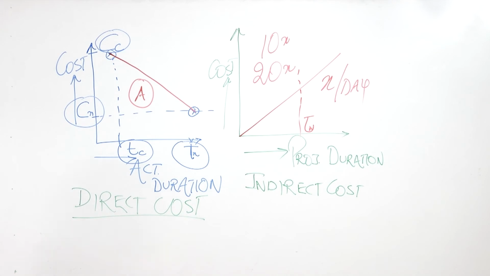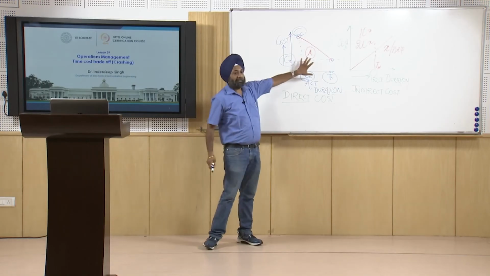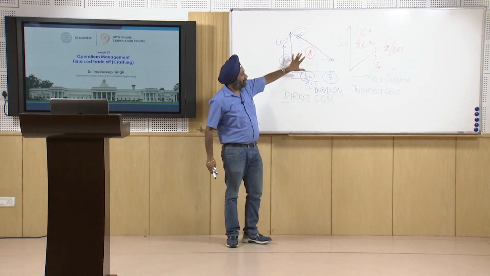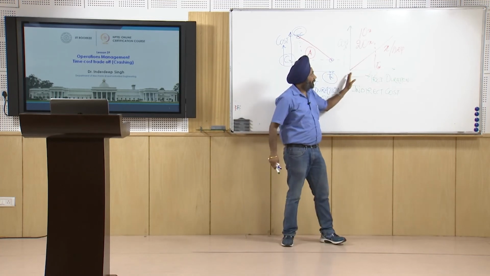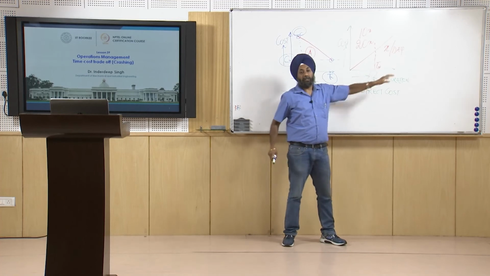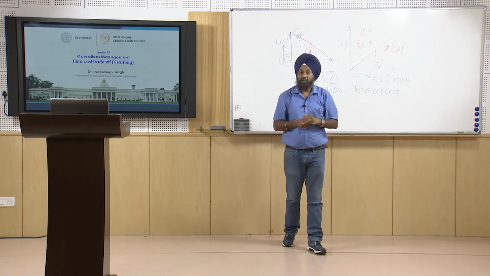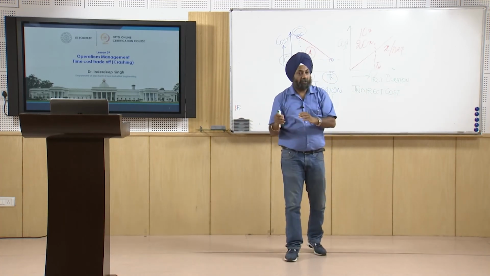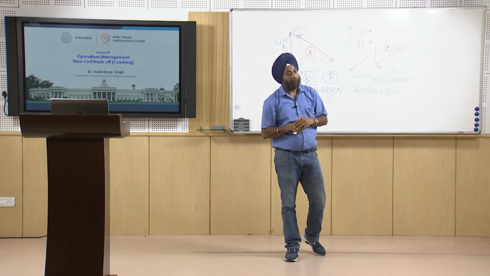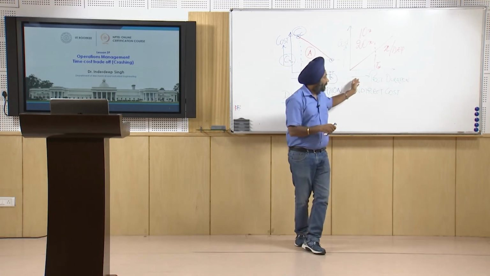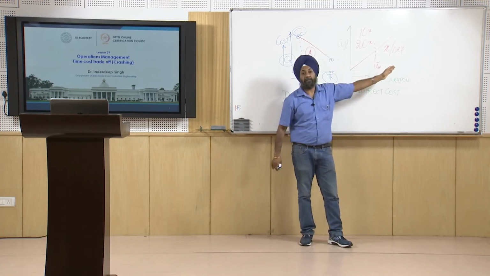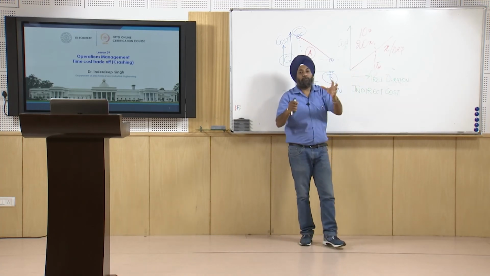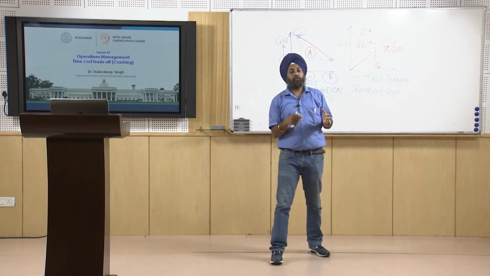So we can see that we have direct cost for each activity, we have indirect cost. The indirect cost is varying with the project duration. If you see in our previous session, 23 hours was the project duration. So here, if we do this on an hourly basis, we can say this much is the indirect cost per hour.